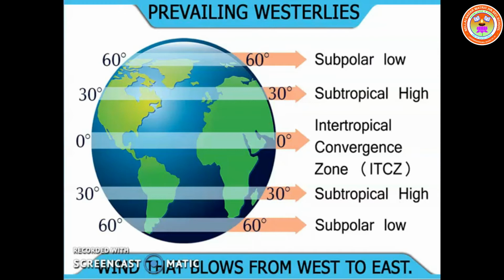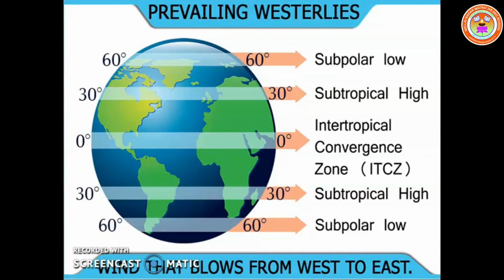The velocity of westerlies becomes so vigorous and fast that they are called roaring 40s at 40 degree, furious 50s at 50 degree and screaming 60s at 60 degree latitudes. So likewise, different names are given to the westerlies.